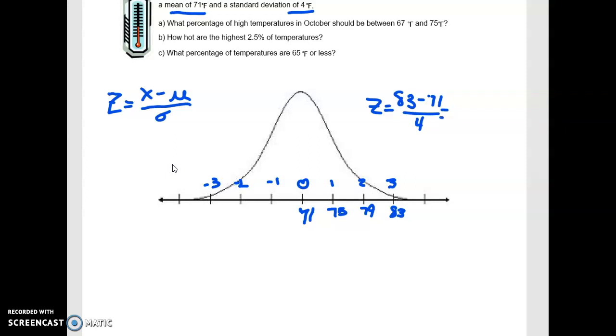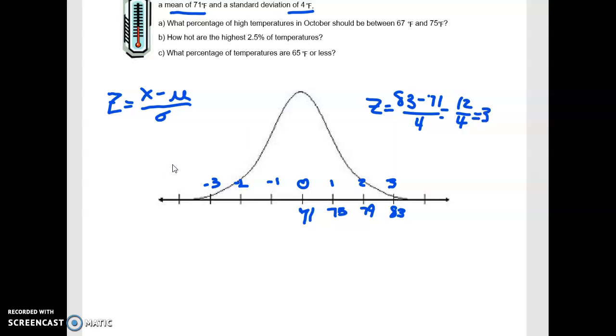So, let's see. This is going to be 8. No, excuse me. 12 over 4, which would simplify to 3.